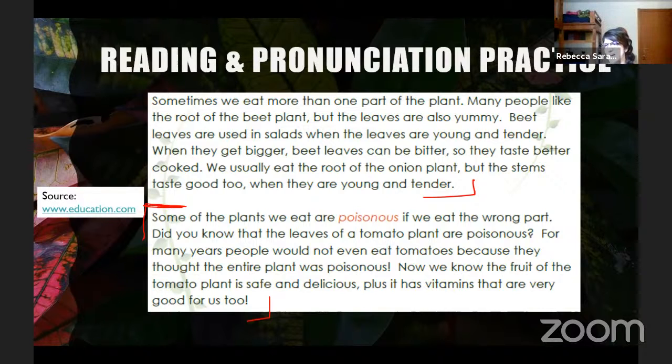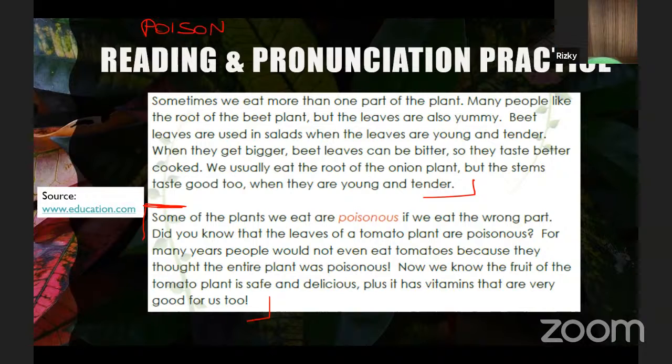Awesome. So, any questions about this part? What is poisonous? Okay, so when something is poisonous, it means that it's bad for us. Do you know what poison means? No. Maybe in some stories set in the past, some crime stories.